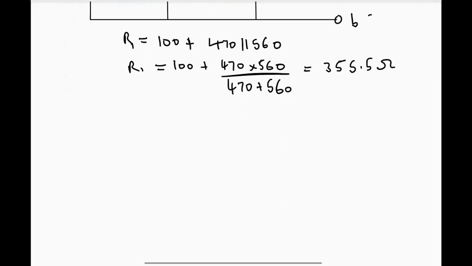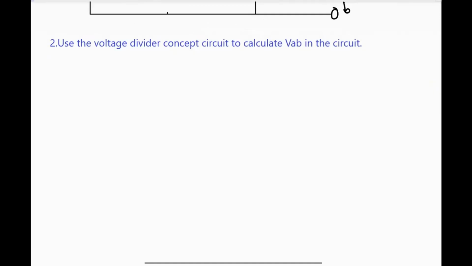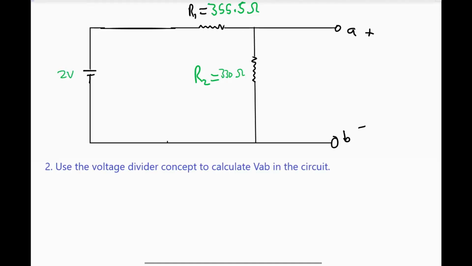So redoing it again, after solving for my R1, I'll now reduce the circuit diagram to this. So I have my R1 as 355.5 ohms, and I'll name this R2, which is 330 ohms. So the next thing will be to use the voltage divider concept to calculate the voltage between the terminals A and B. So the voltage divider concept says that the voltage in AB is also equal to the voltage in R2.